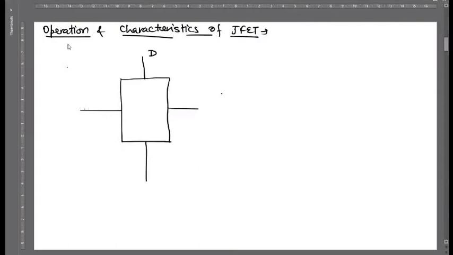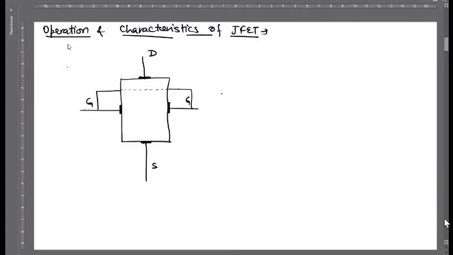This is the drain, this is the source, and this is the gate, this is the gate. And here the gate terminals are short circuited at both sides. This is like a bias connection. Gates are short circuited. Okay, fine.